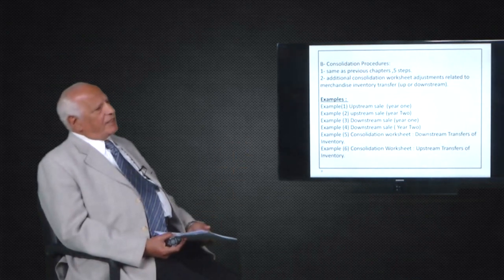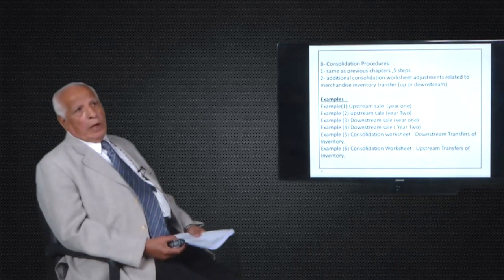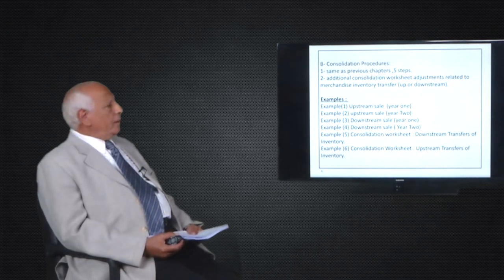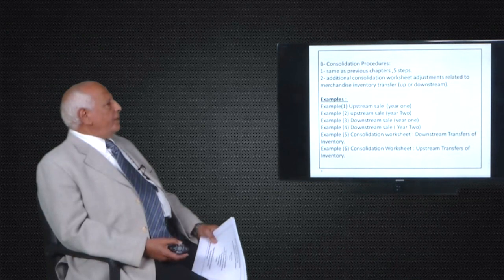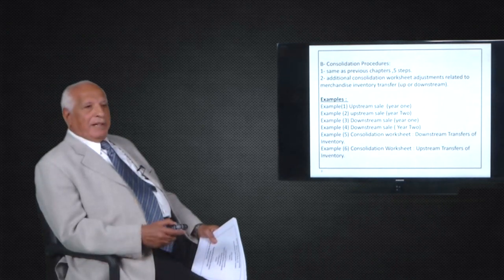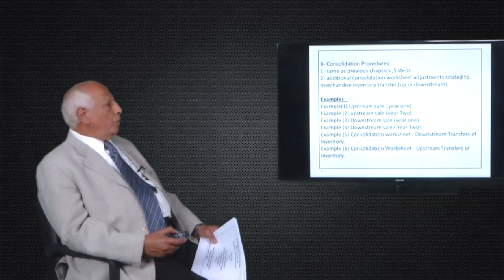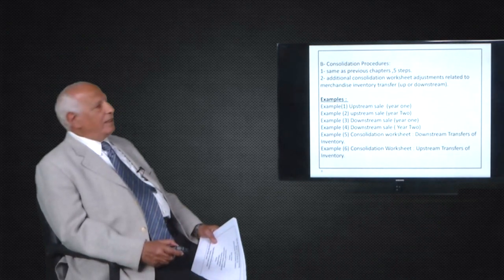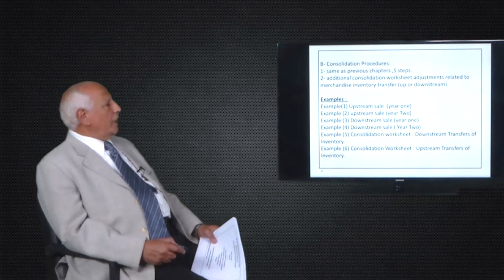I have 6 examples for you. I'm going to do them one by one. First one, upstream sale year 1. Example 2, upstream sale year 2. Why do I give you 2 years? Because the ending inventory in year 1 will be the beginning inventory in year 2. That's why we have 2 years.